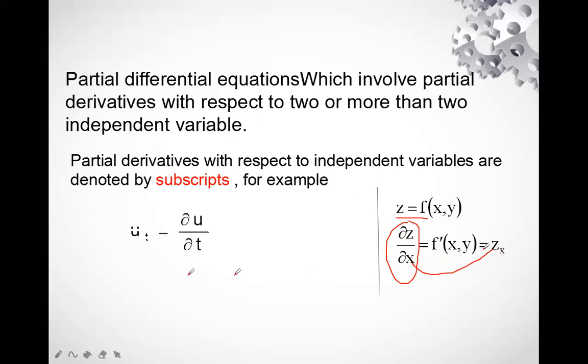Suppose ut means we are differentiating u with respect to t partially. Similarly uxt means we are differentiating with respect to t and x partially, that is dou square u by dou x dou t. If you write uxx, that means differentiating u with respect to x partially twice, that is dou square u by dou x square.